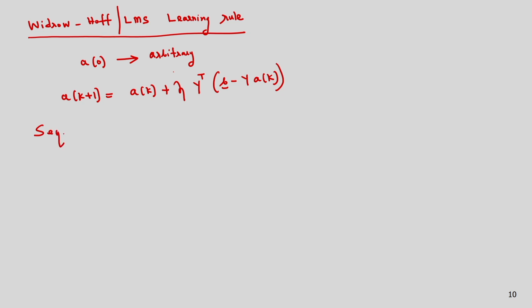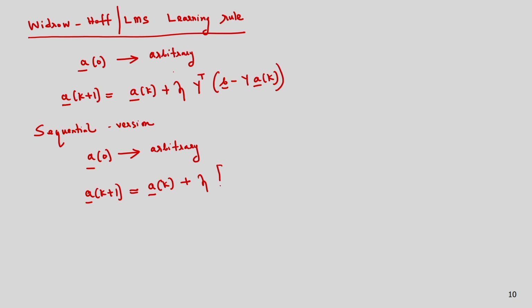So what is the sequential version? The sequential version of this algorithm is, again, we select A naught arbitrarily, and we determine A(k+1) equal to A(k) plus eta times (b_k minus A transpose(k) y_k) into y_k. Here y_k means the samples which are misclassified by the weight vector A(k).